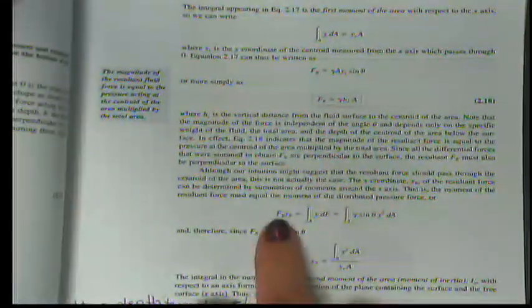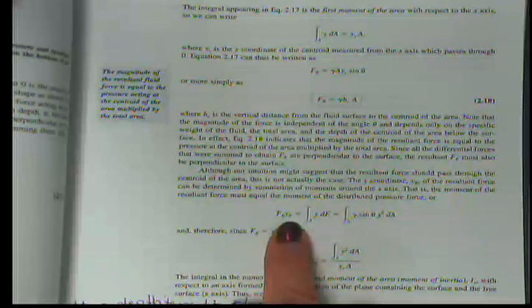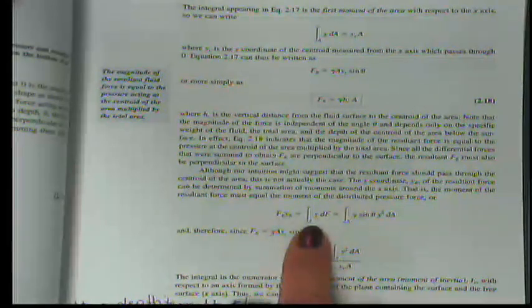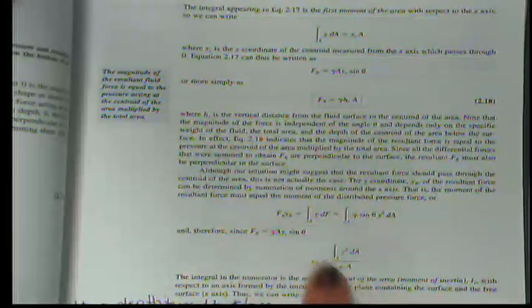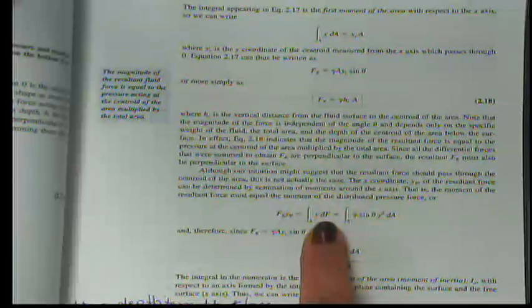we can see that if we take the resultant force and multiply it by our y sub r, which is in the y direction, it's the distance along the plate to the resultant force, it is going to equal this concept, which is basically a moment of y dF, which is a moment, isn't it?